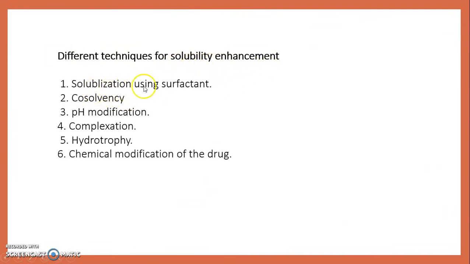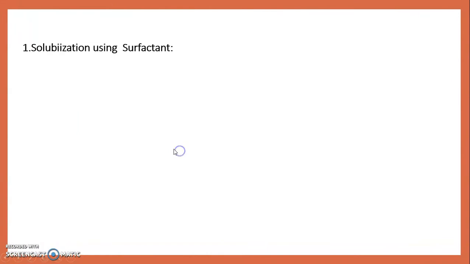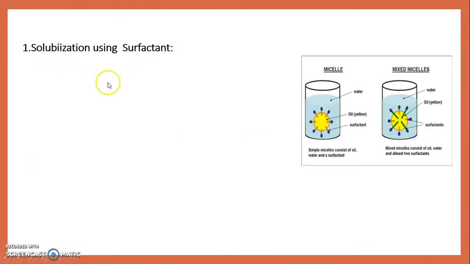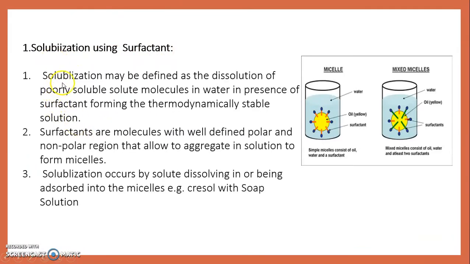Then the different techniques for solubility enhancement are solubilization using surfactant, cosolvency, pH modification, complexation, hydrotropy, and chemical modification of the drug. First of all, we see solubilization using surfactant.